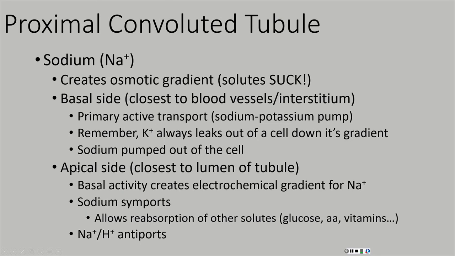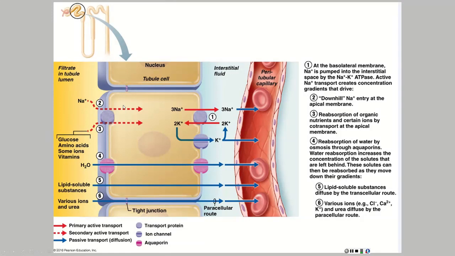Now let's go back and look at the apical side, that side that's closest to the lumen of the tubule, facing where the filtrate is. That basal activity is creating an electrochemical gradient for sodium. We're pumping all this sodium out.